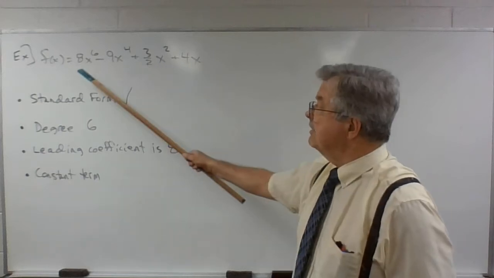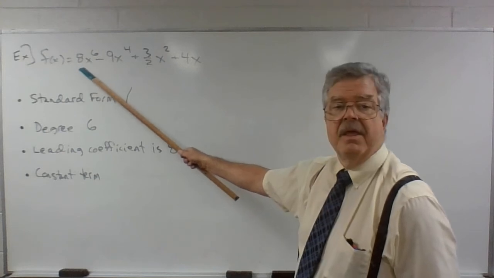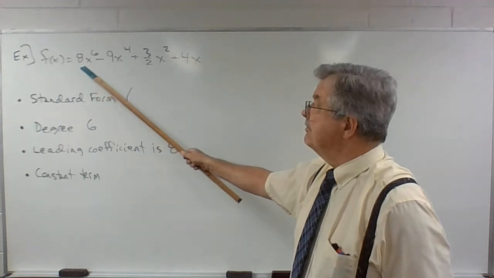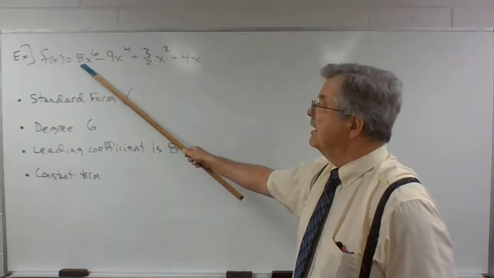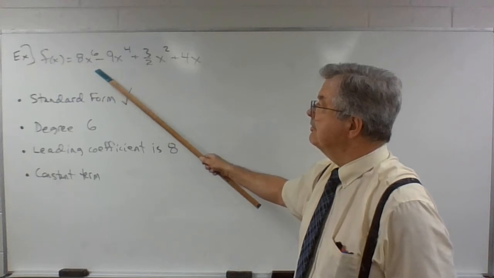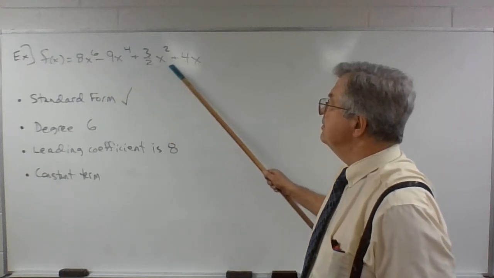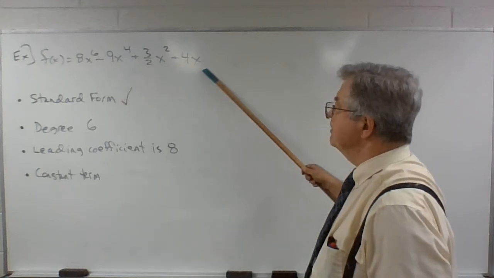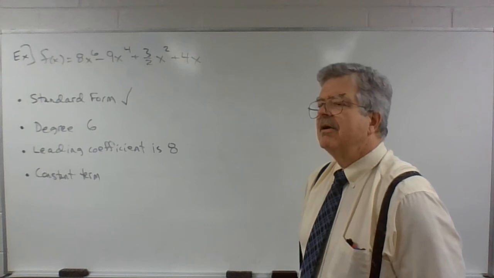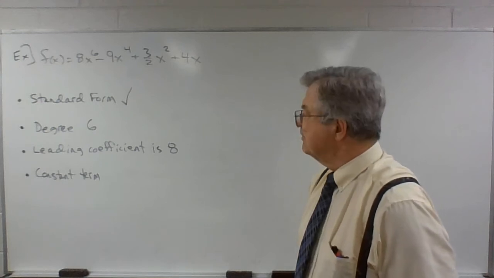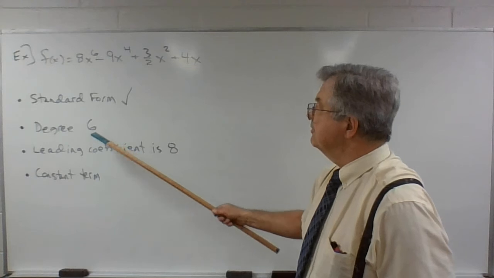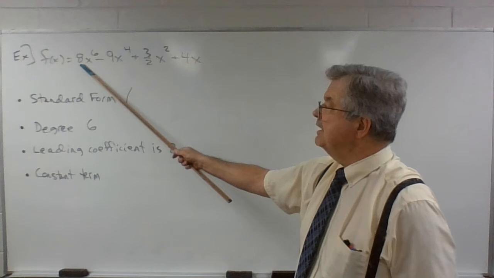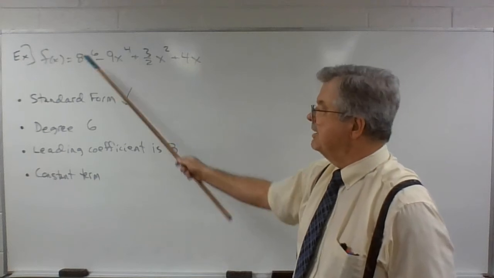The term of highest degree is the leftmost term, and the terms appear in descending order according to degree as we go from left to right. So the degree is 6. The leading coefficient is the coefficient of the leading term, the leftmost term, which is 8.